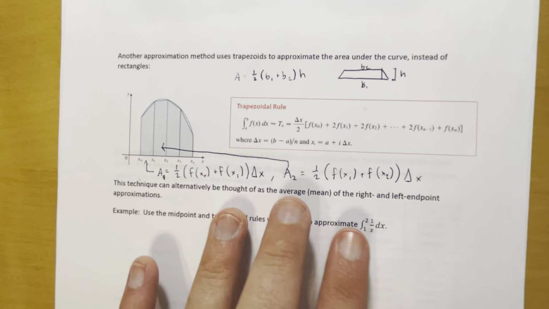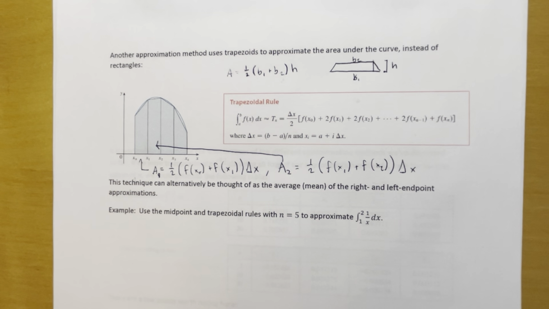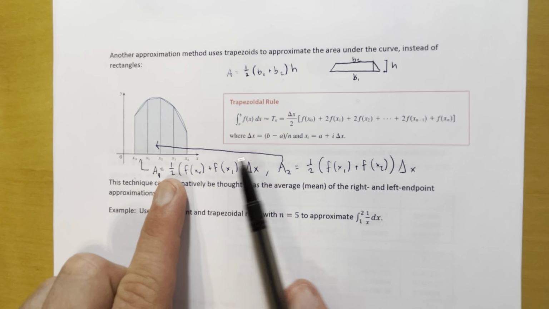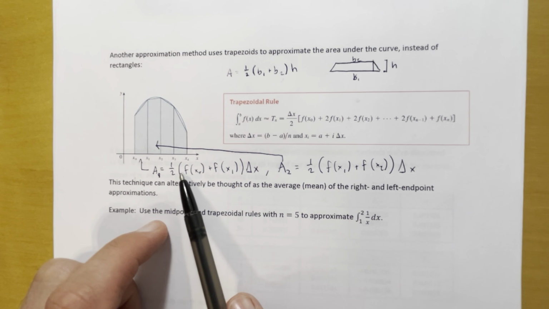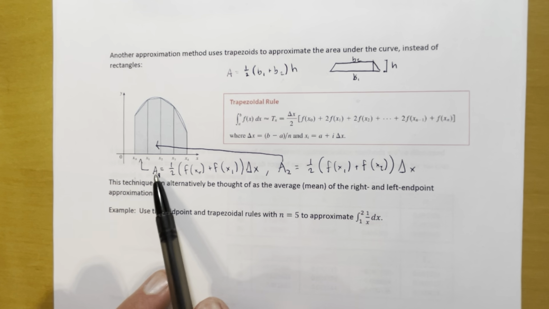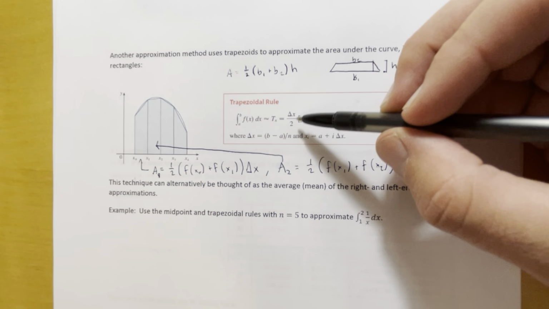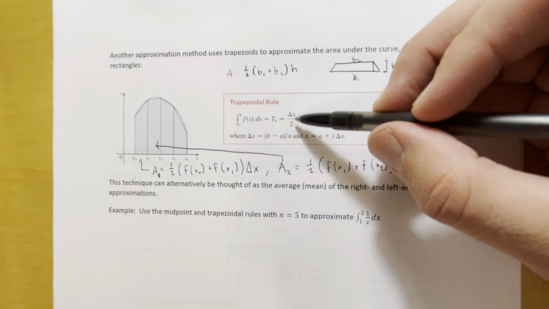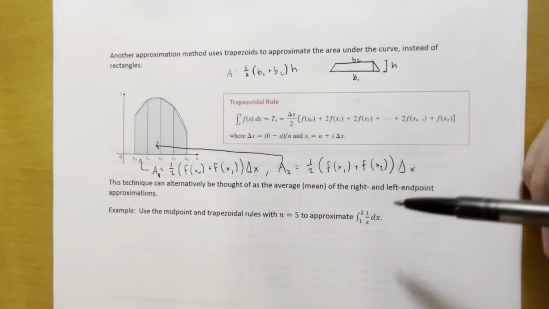And you can see a pattern here. If I were to do this for all of these trapezoids, all of them are going to have a 1/2 and a delta x, which I can think of as delta x over 2, and I can factor that out of the sum when I want to add up all of these areas. So in my trapezoid rule here, I'm seeing delta x over 2. That's this delta x and that 1/2 factored out together.